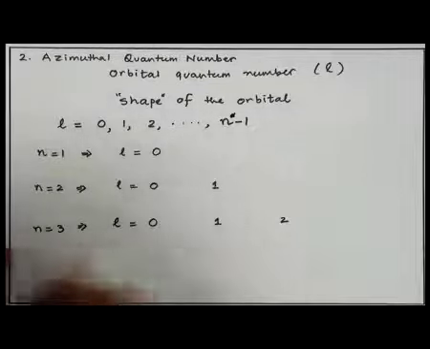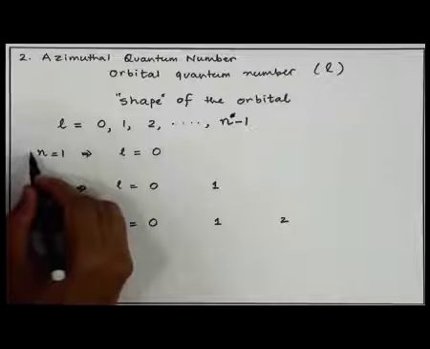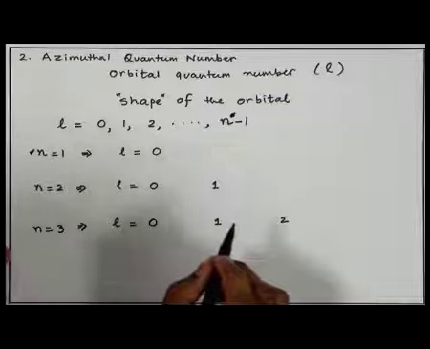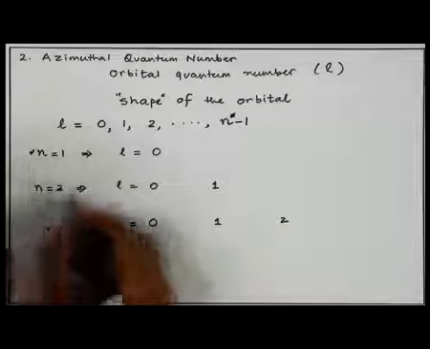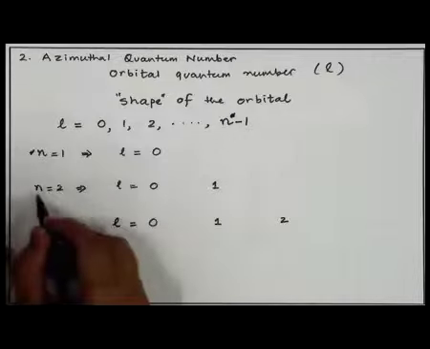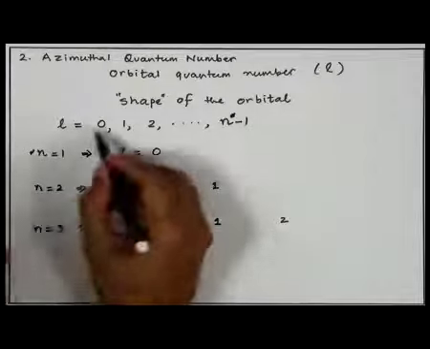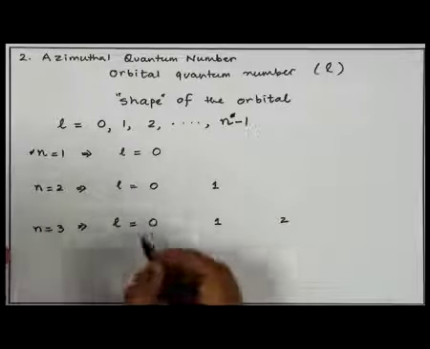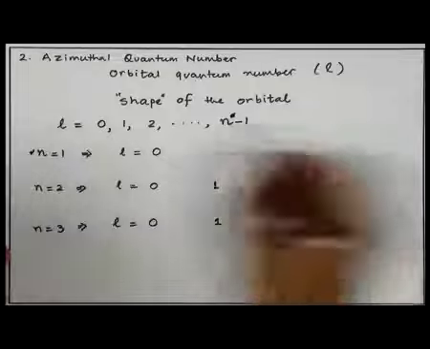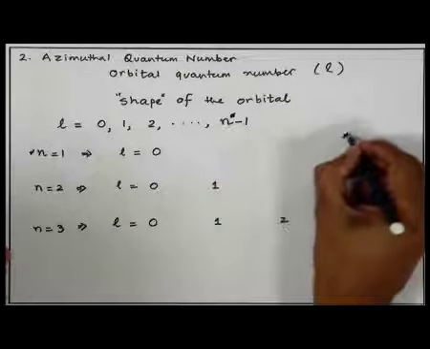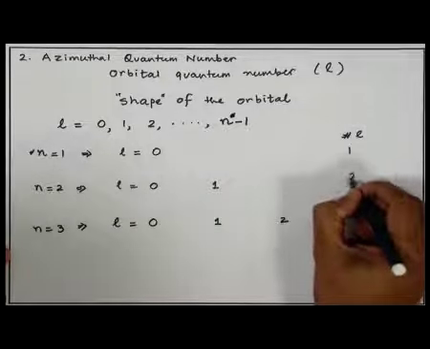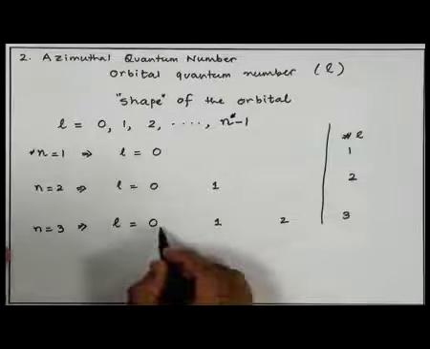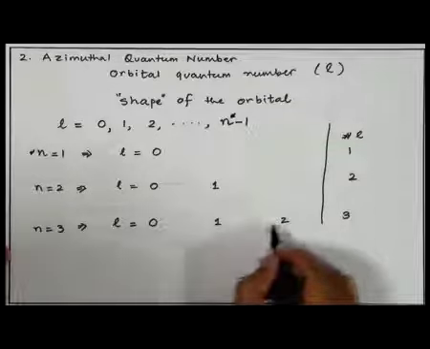So, for a given principal quantum number n, how many L values are possible? The number of possible L values is given by n, because you always have 0 and then go until n minus 1. In the first case the number of L values is 1, in the next case 2, in the next case 3, and these values are 0, 1 or 2.